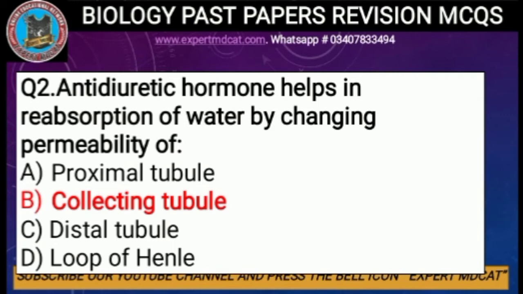See, water regulation in the kidney is regulated by a peptide hormone, which is vasopressin, also called antidiuretic hormone, abbreviated as ADH. See what happens: ADH increases water permeability of kidney collecting duct cells, allowing more water to be reabsorbed from the collecting duct urine to blood. So here, according to our explanation, the correct option is B, collecting tubule.